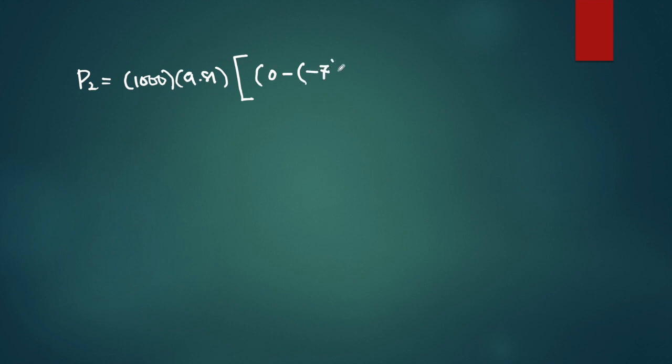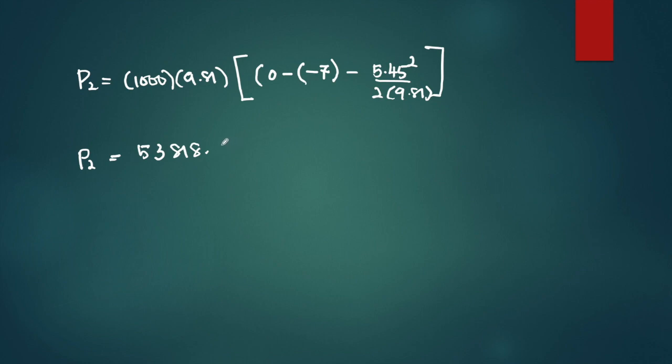So negative 7, minus 5.45 square over 2 times 9.81. From here, I get my pressure at point 2 as 53818.75 Pascal. So the pressure at point 2 is P at 1. So I have already solved the last question, where we have to find the pressure at point 1. Okay, that's all. Thank you.